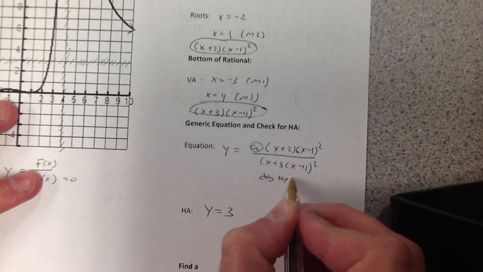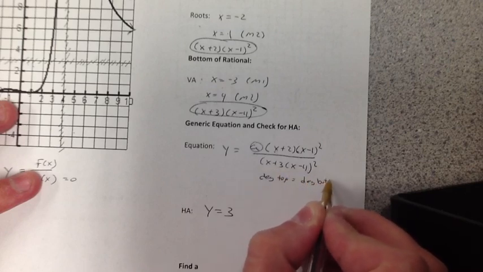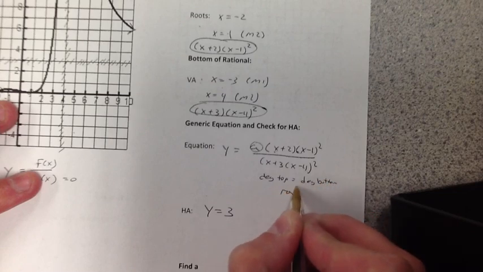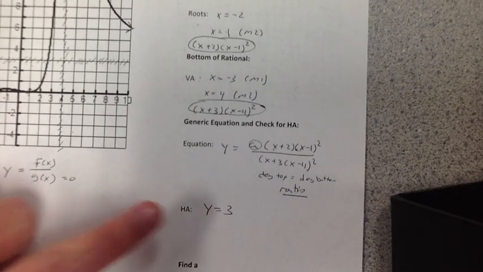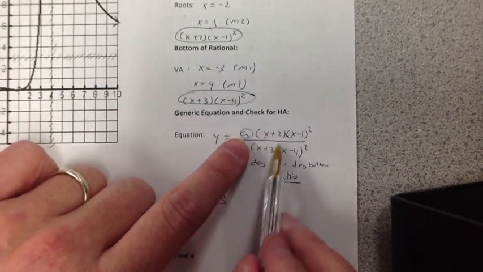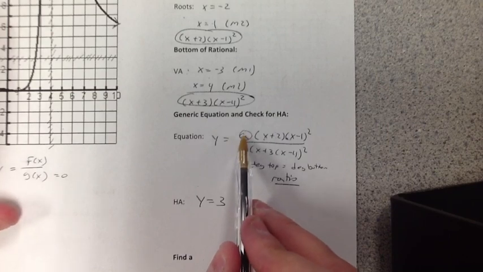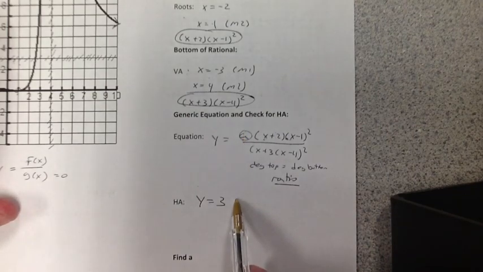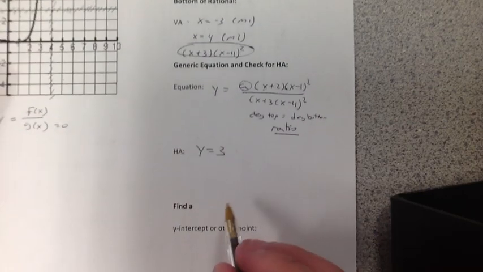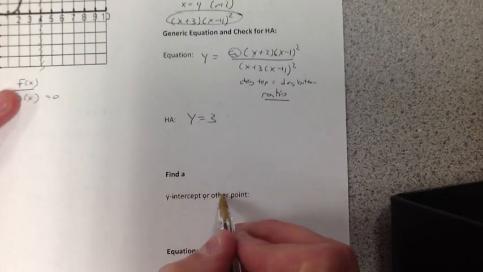The degree on bottom is also 3. So they are equal, which means we use the ratio method to get our horizontal asymptote. It's going to be the ratio of the top and bottom. That gives me a already, and it's going to make a equal to 3, which is the horizontal asymptote. So to find a, we can either use the y-intercept or another point.